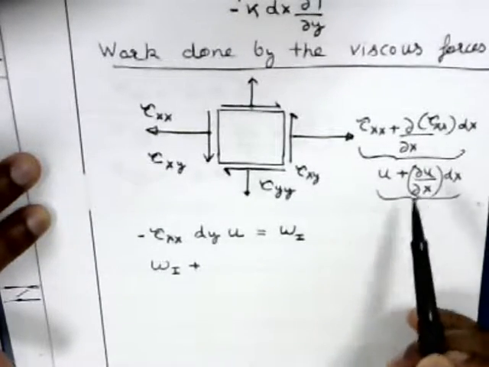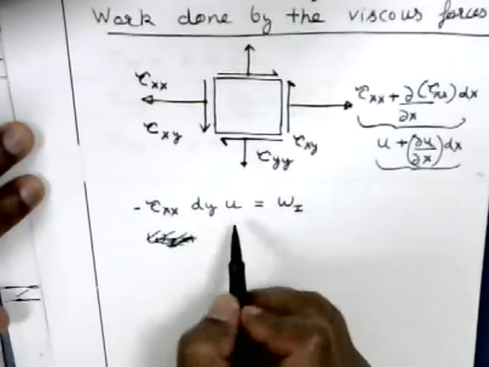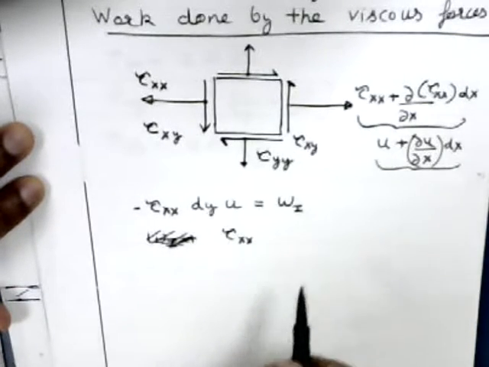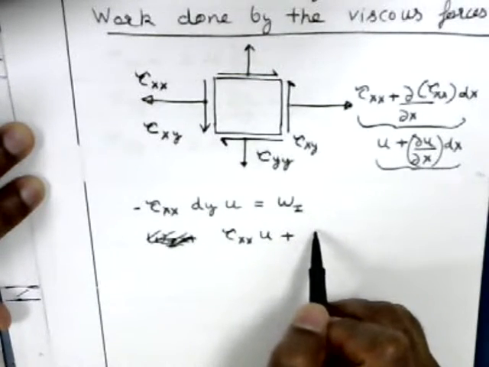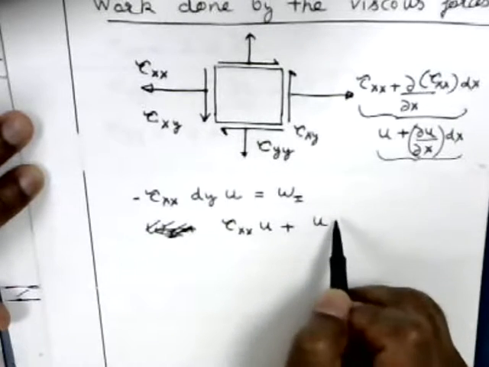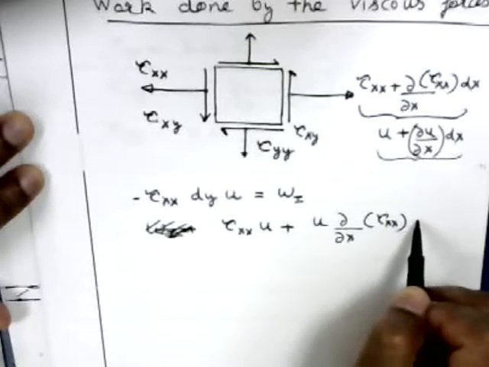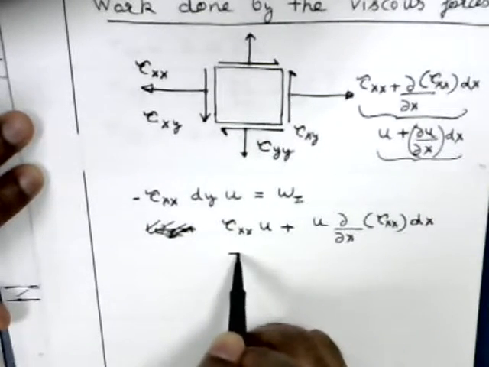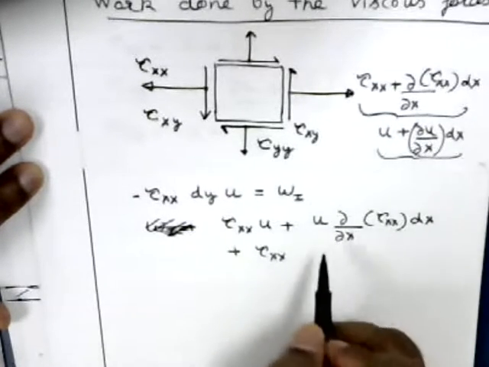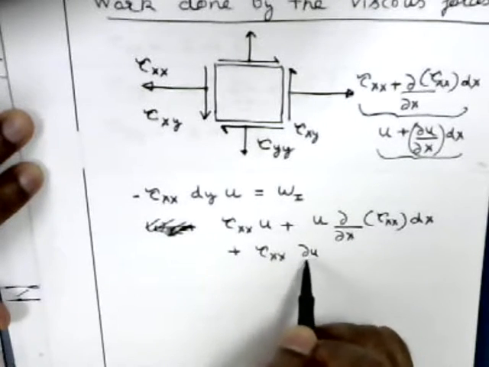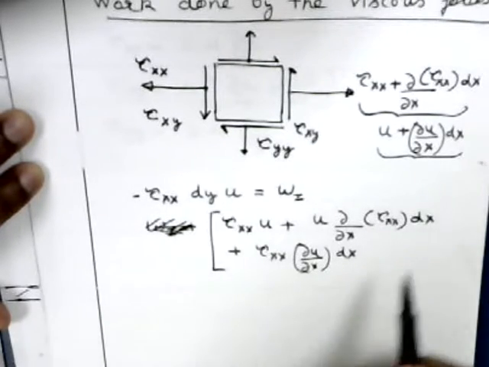If you neglect that term, what you will have from the right face will be tau xx u plus u del by del x of tau xx times dx plus tau xx times del u del x times dx, and then multiply this with the area dy.